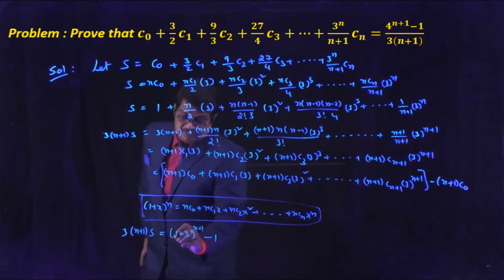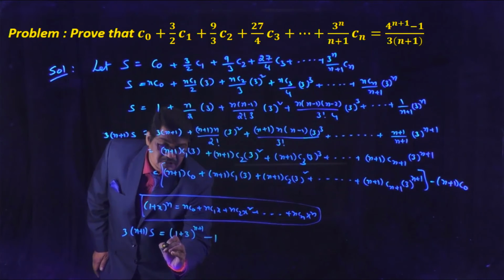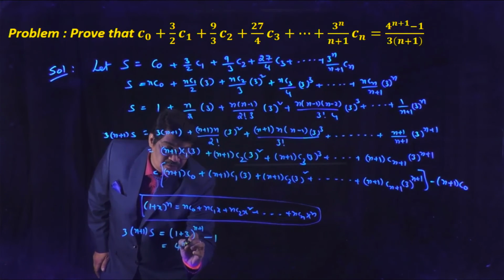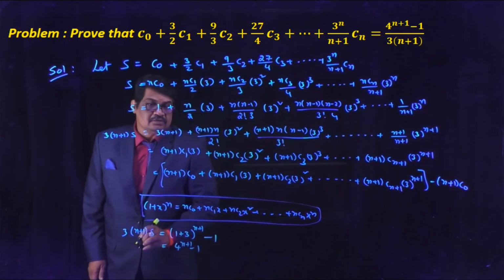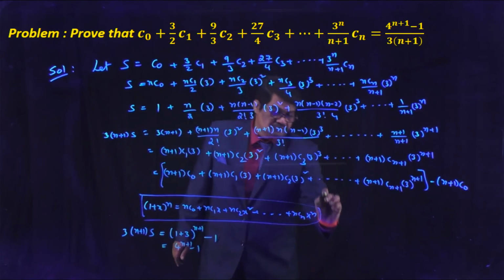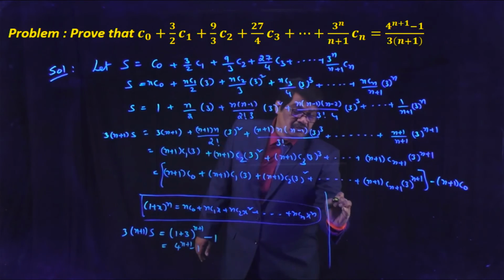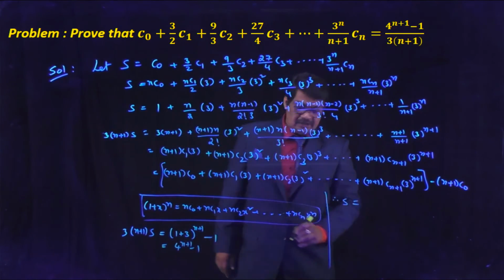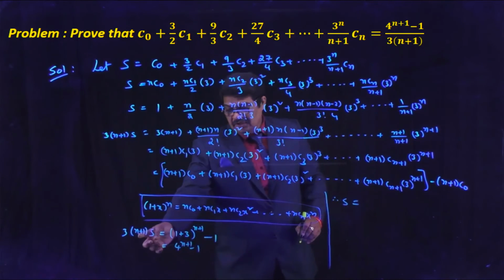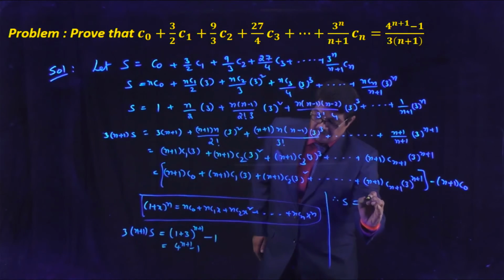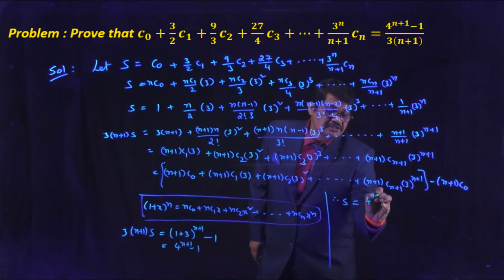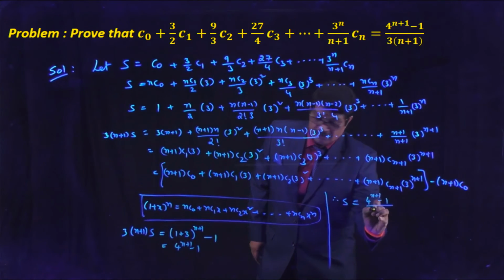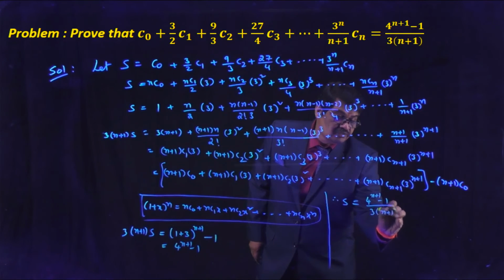Now that is equal to 4 to the power of n plus 1 minus 1. Therefore s is equal to, now 3 into n plus 1 moving to RHS side, then we are getting 4 to the power of n plus 1 minus 1 by 3 into n plus 1.